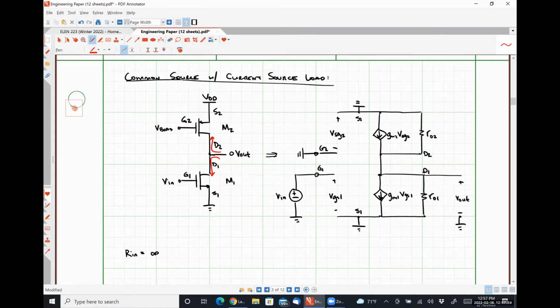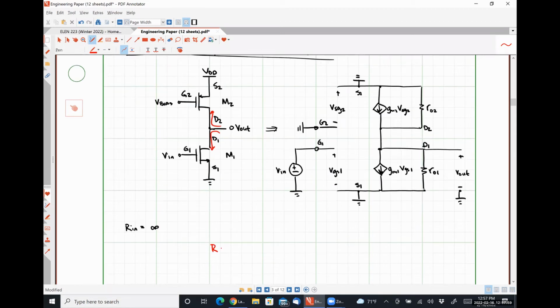So what do we see looking down? So we're looking in through this terminal and looking in this direction. What do we see? R naught 1. There is no RD at all. But yeah, right? So with Vin shorted out, this current source looks like an open circuit. And so when we look down, literally the only thing we see is R naught 1.